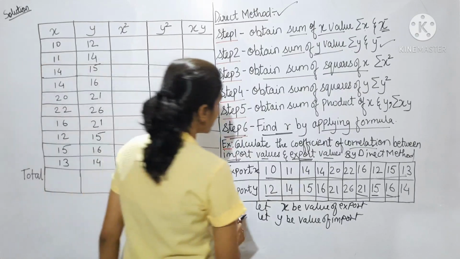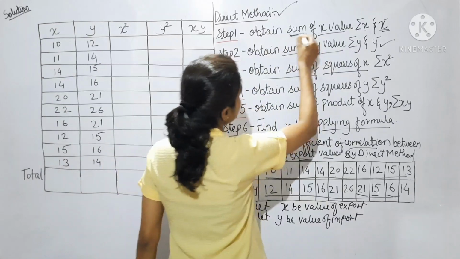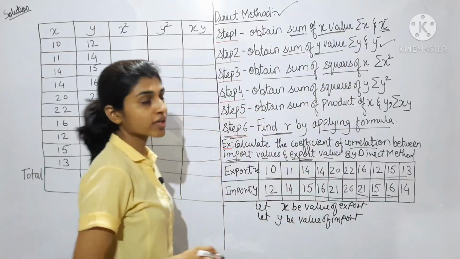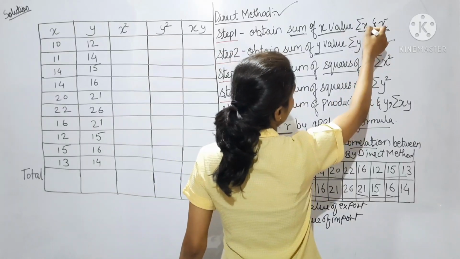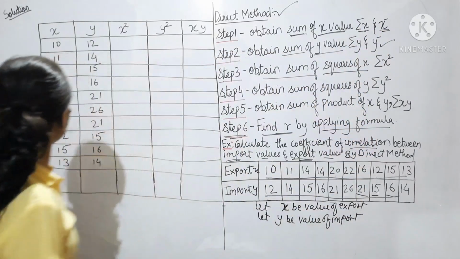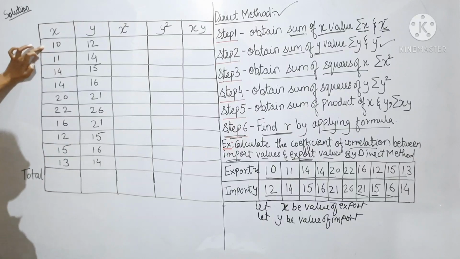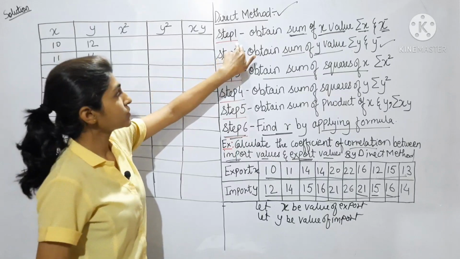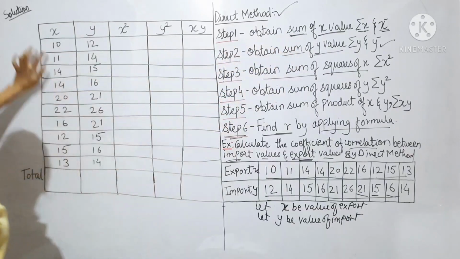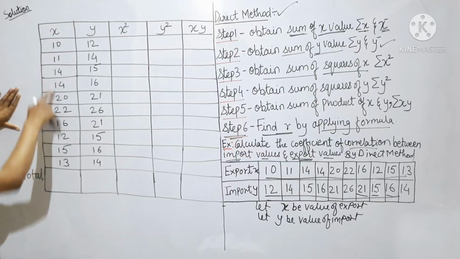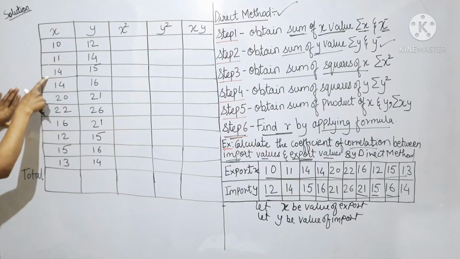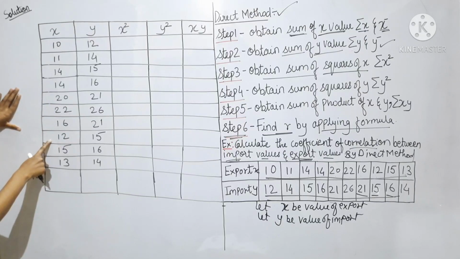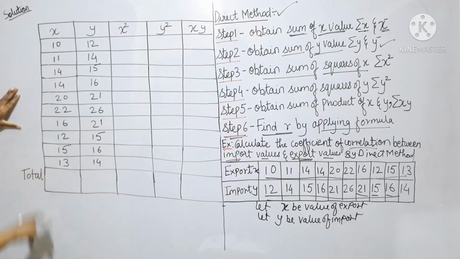Now the first step is: obtain the sum of the values of x, that is summation of x. We have written down all the values of x and y. Now according to this first step, add all the values of x: 10 plus 11 plus 14 plus 14 plus 20 plus 22 plus 16 plus 12 plus 15 plus 13.